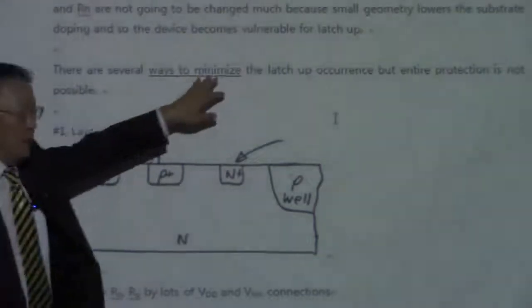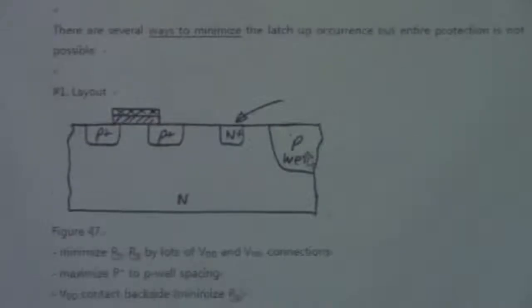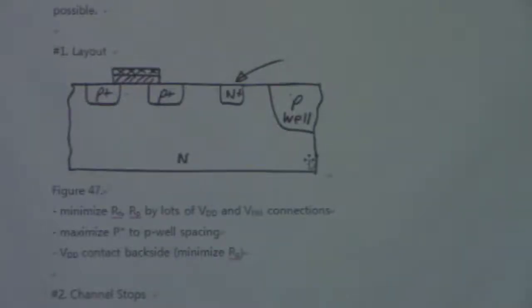There are several ways to minimize the latch up occurrence, but entire protection is not possible. So I use the word minimize. But once it happens, the whole thing is going to be destroyed.